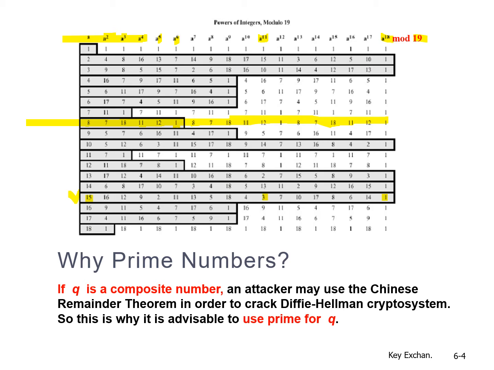So this one contains all the integers between 1 and 18. So the number 15 is a primitive root of the prime number 19.